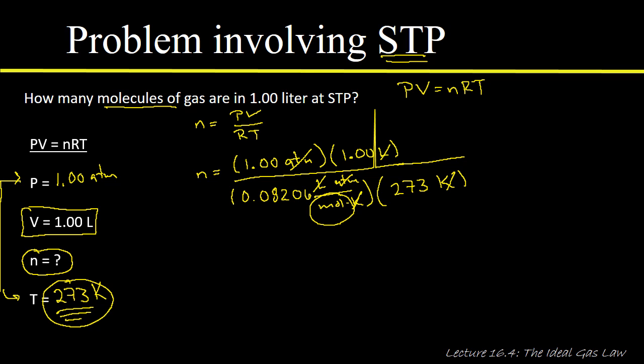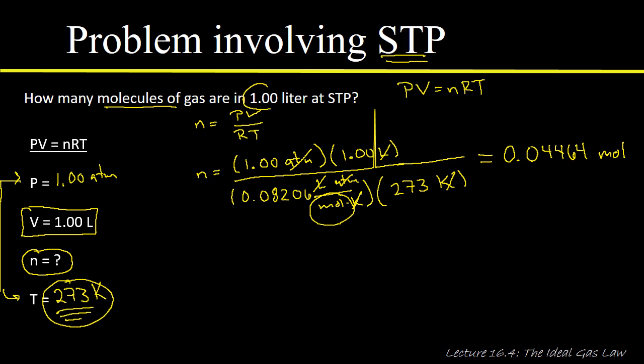So put all these things in the calculator, and when you crunch the numbers, put all that in, hit the equal sign, you can get 0.04464 moles.